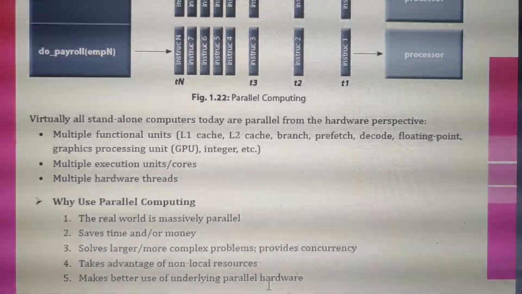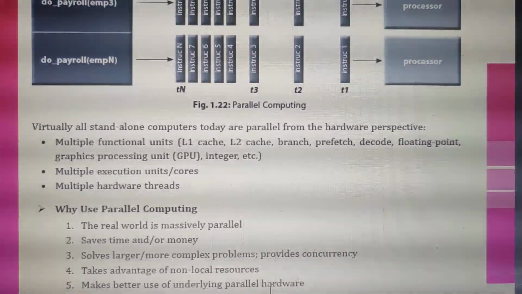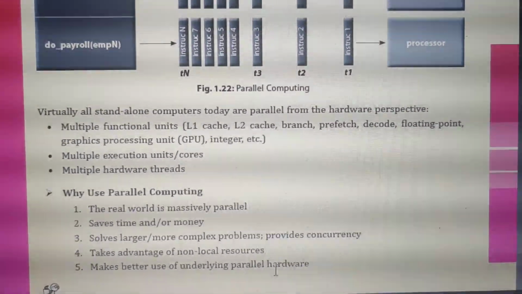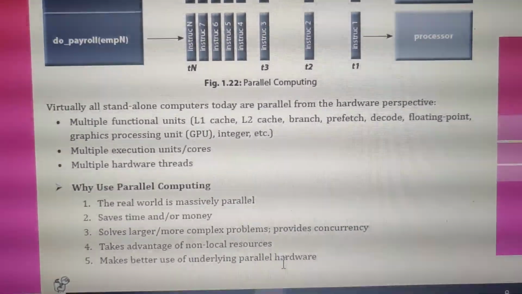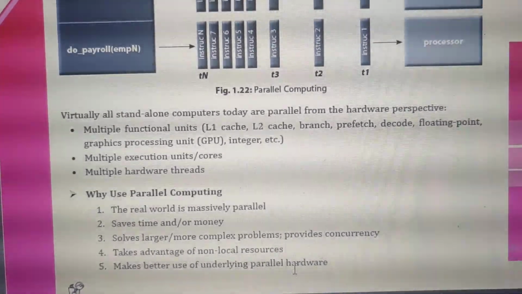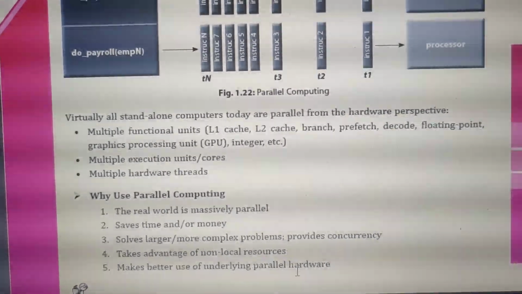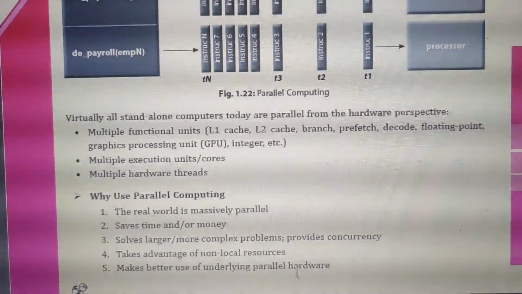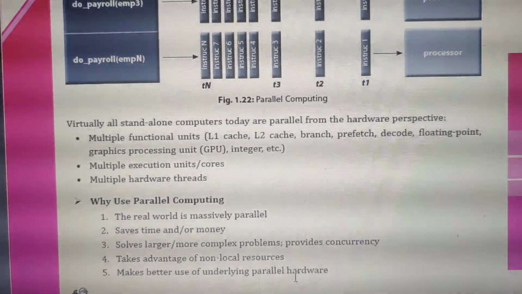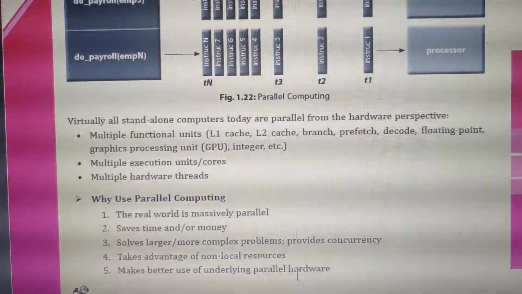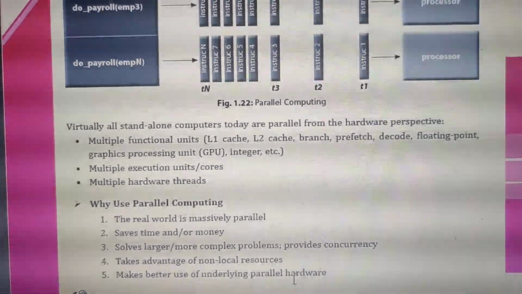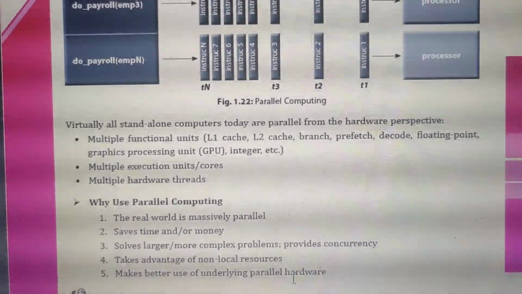So now the last topic is why parallel computing is important and why we use it. Here there are different benefits of parallel computing. First is that the real world is massively parallel. It means that in real life we have to do work in a simultaneous process. So that is also one of the reasons we use this theory in our regular life also.